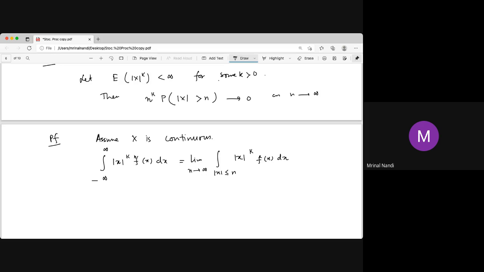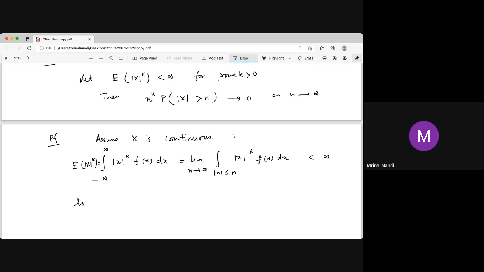Now we know this is finite, so it is less than infinity. This is the expectation of |x|^k, and we assume that it is less than infinity, so it is finite.